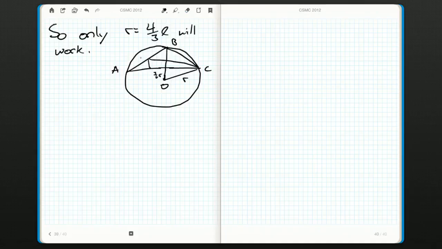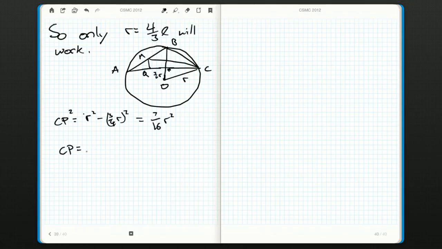And I bet this extra R here with M will come into play somehow. CP squared is equal to R squared minus 3/4 R squared. And so that's going to be 16 minus 9, 7 over 16 R squared.